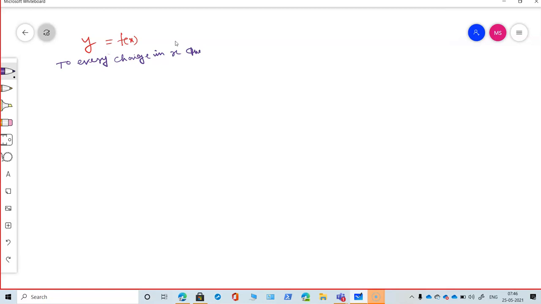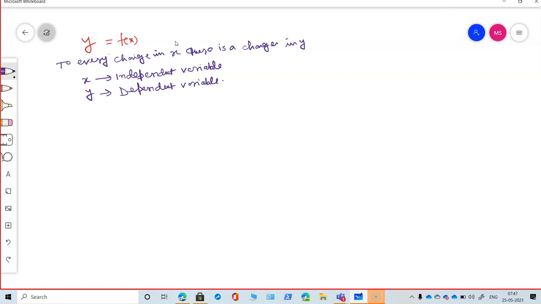x there is a change in y. We will refer to x as the independent variable and y will be referred to as the dependent variable.